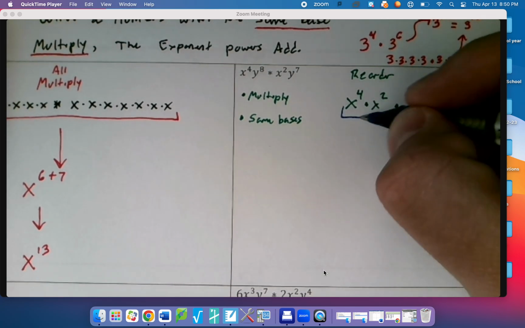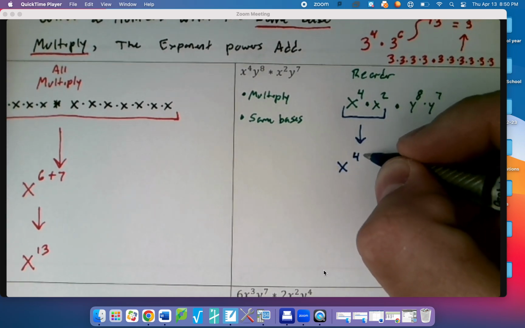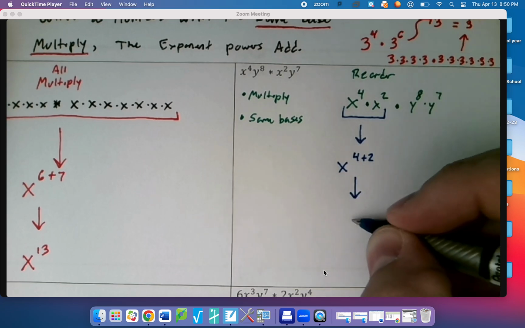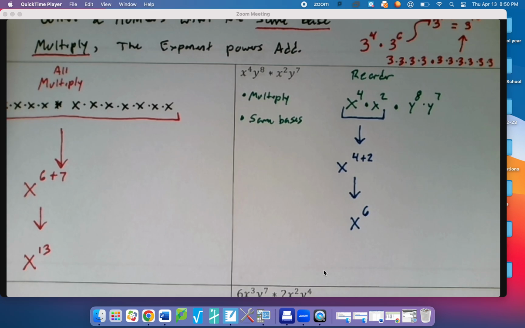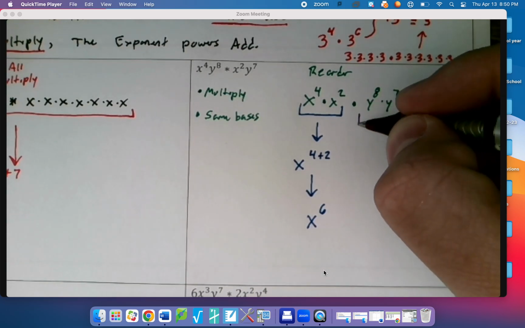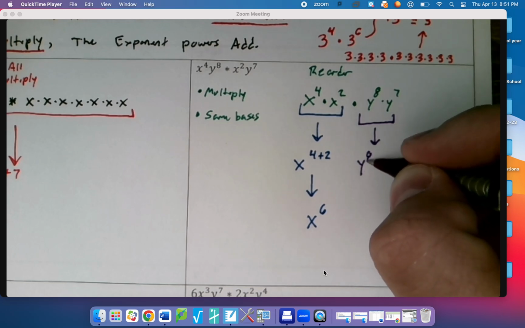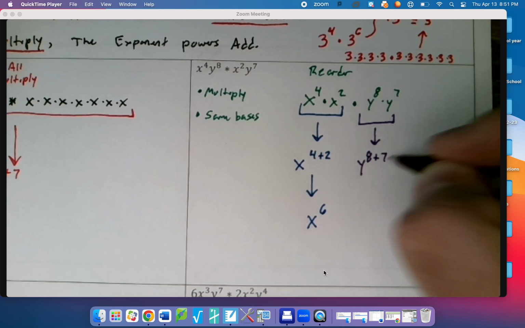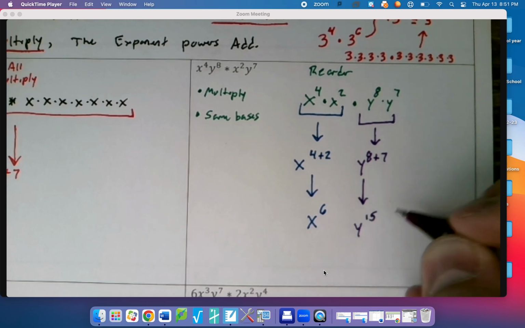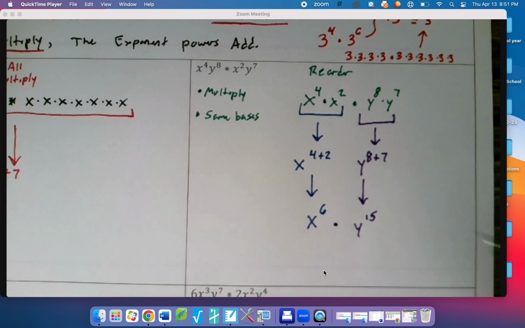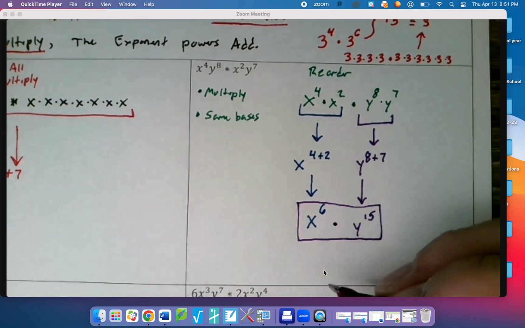Take the x's, we get x to the 4th plus 2, which is just x to the 6th. We take the y's over here, y to the 8th plus 7 gives us y to the 15th, and the final is we multiply, and that's the answer.